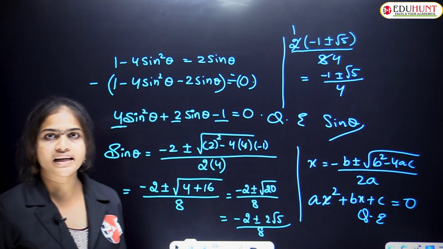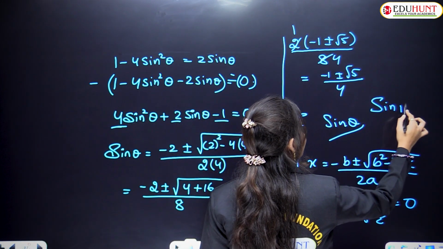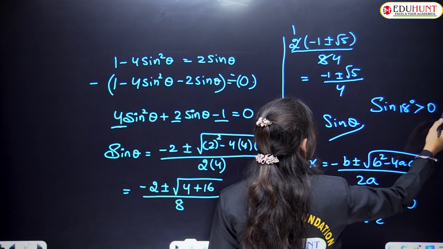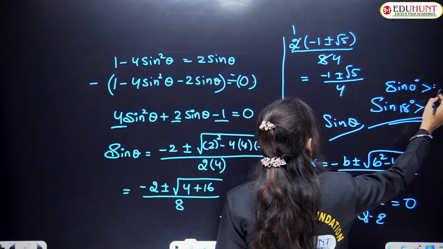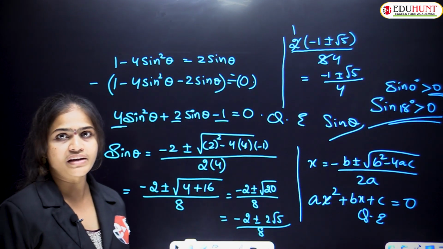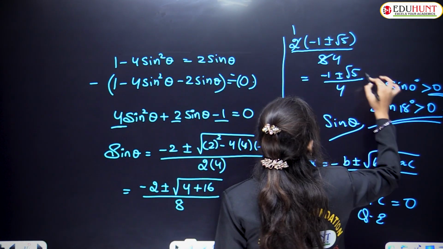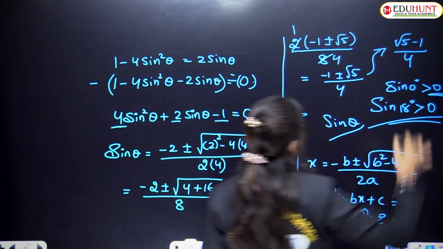Here, positive or negative? Positive only. Why? Because sine 18 degrees is greater than 0. So that's why the sine 18 degrees value we are getting, and the answer is root 5 minus 1 by 4.